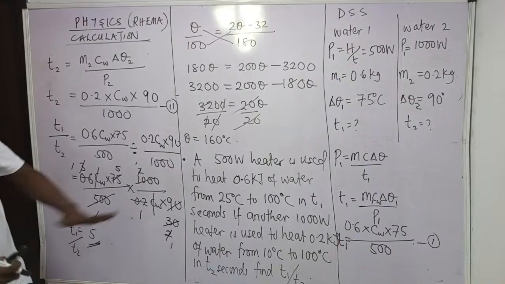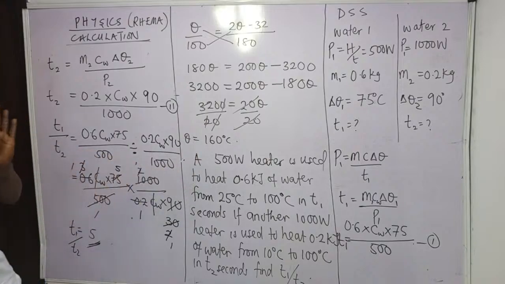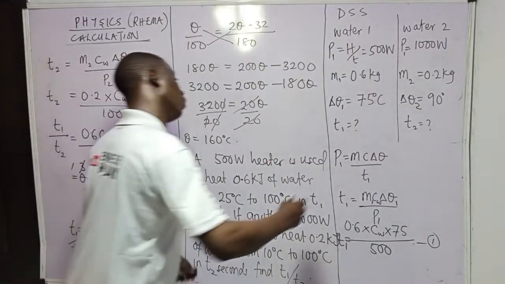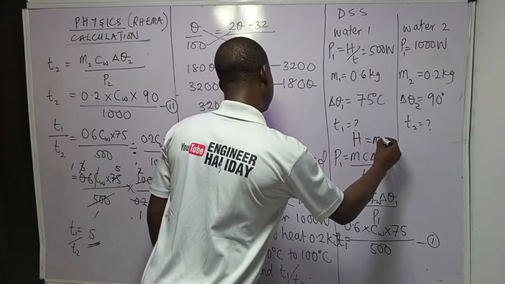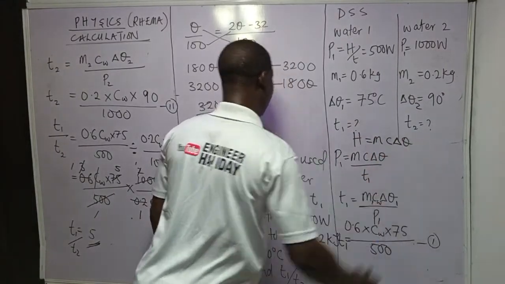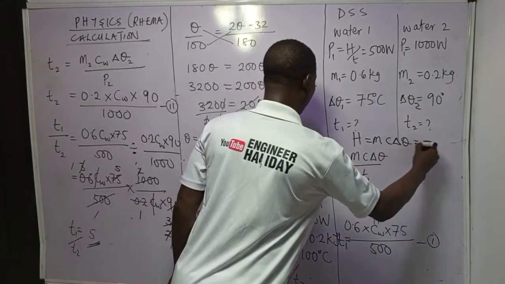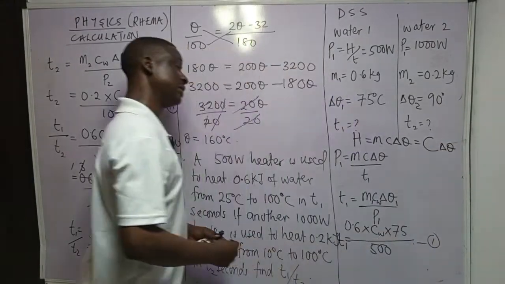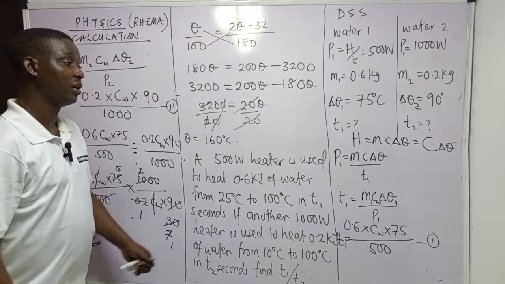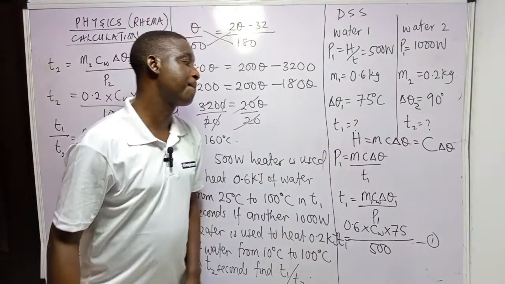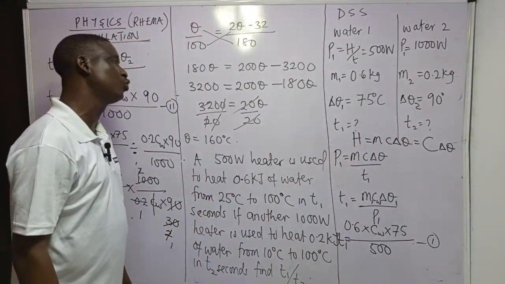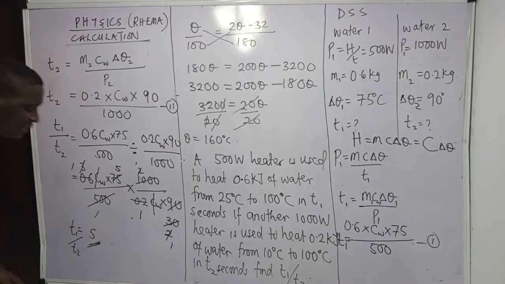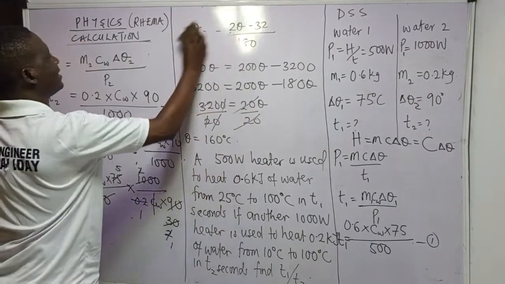Please, this question is a very technical question and it's not too common. What many of us know more is what? H equals MC change in temperature, which is the same thing as heat capacity times change in temperature. Don't forget the same thing is what is occurring now. Don't forget power. You should remember. In fact, once I drop this one, you will get it.